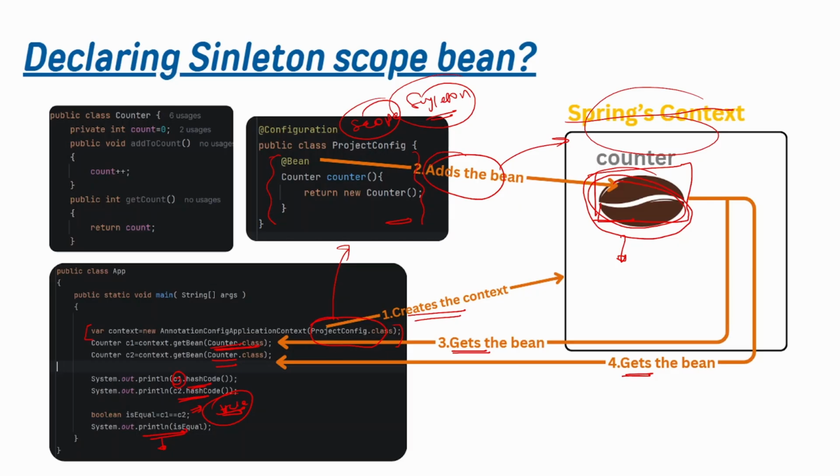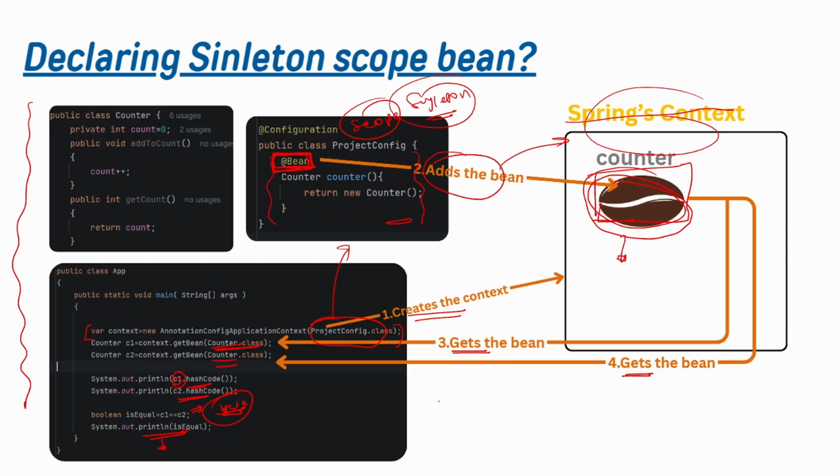If we don't specify any scope, it is of singleton scope. So now you have learned how we can add the singleton bean to the Spring context using the @Bean annotation.